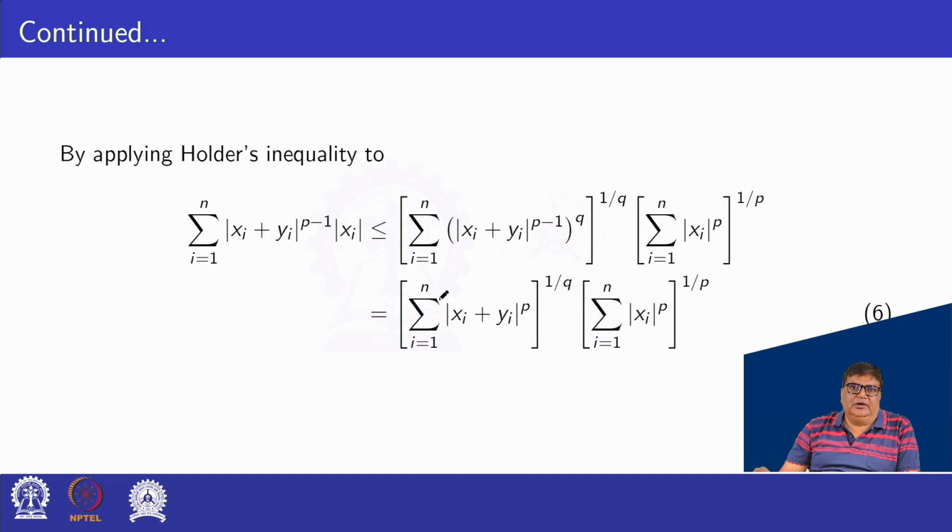That is, (summation |xi + yi|^p)^(1/q) into (summation |xi|^p)^(1/p).